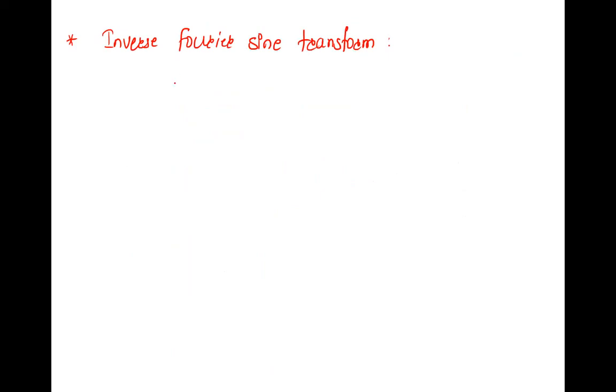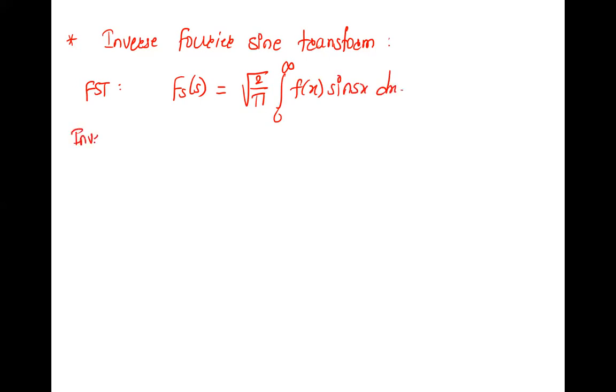For your reference, I'll write the definition of Fourier sine transform: root 2 by pi integration 0 to infinity f of x into sine sx dx was Fourier sine transform. Now we need the definition of inverse Fourier sine transform. Tell me the definition now.